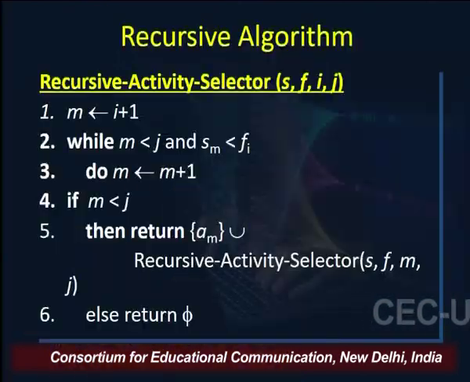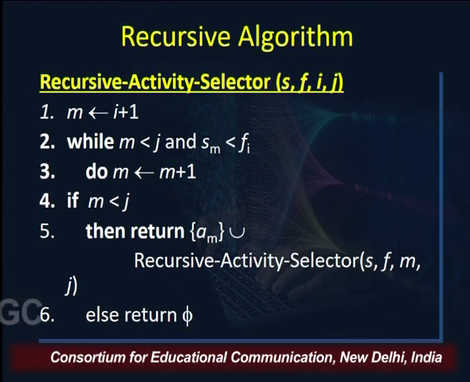If we look at it in the form of an algorithm, we have a recursive solution here. Here is a recursive activity selector, with S the set, F the finishing times, and activities i and j.